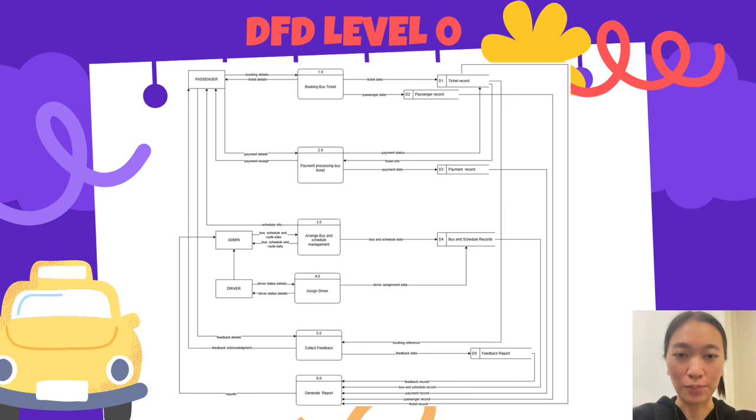In process 4.0, assign driver, the driver provides status details to the system, which are stored in the bus and schedules record. This data store is updated with the driver assignment information. After the trip, the customer may give feedback through process 5.0, collect feedback, and the feedback is stored in the feedback report. Finally, in process 6.0, generate report, all data from different records are gathered to create a report, which is then sent to the admin for evaluation.